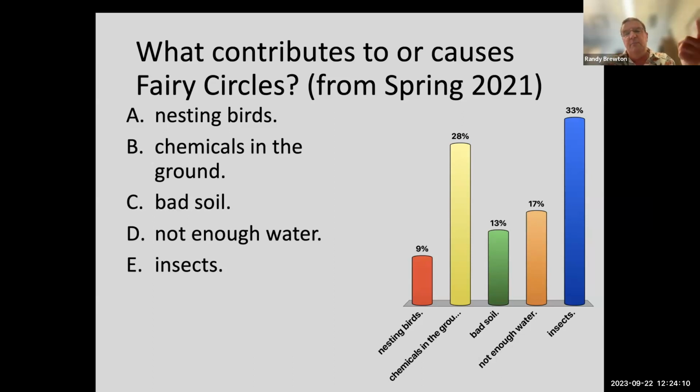And this back in spring of 2021, actually again in spring of 2022, because some of them came up with a list that was similar to this, pointed out that in fact there are termite nests in many of these fairy circles. It's an underground type of colony.